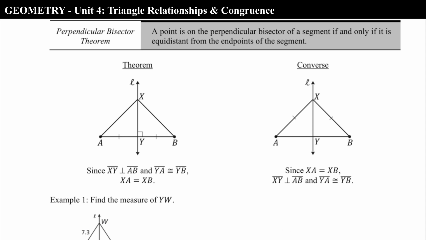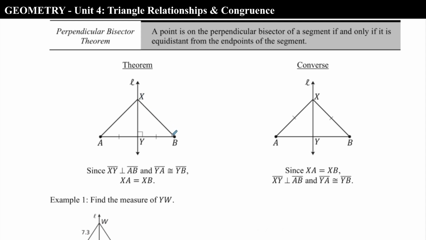Since XY right here is perpendicular to AB and YA is congruent to YB, so we have bisected this side of the triangle, then we can say that the measure of XA is equal to the measure of XB.